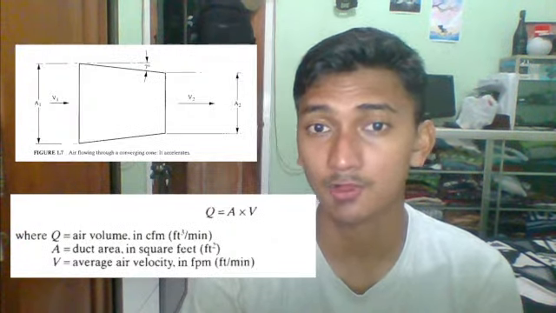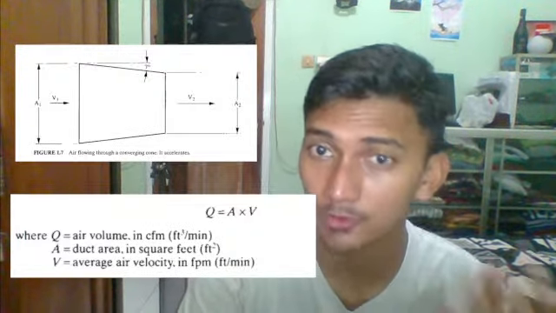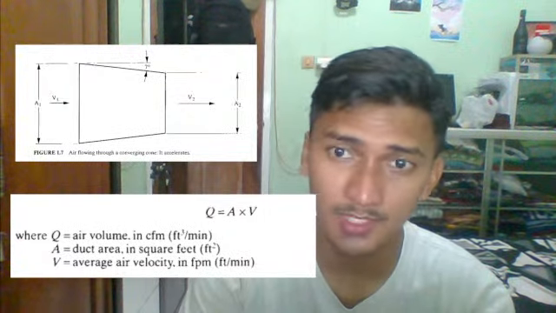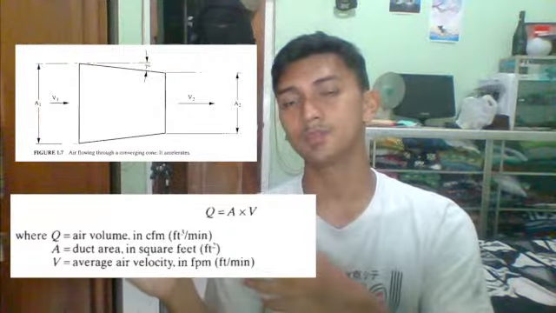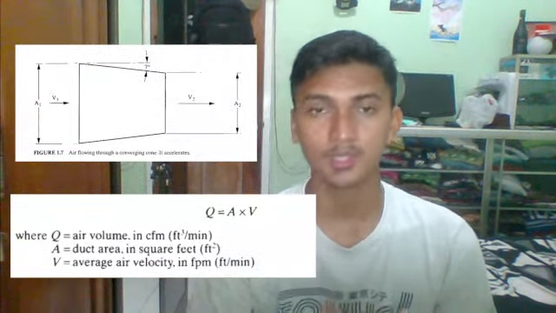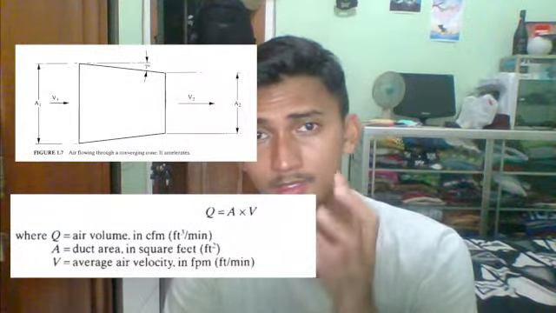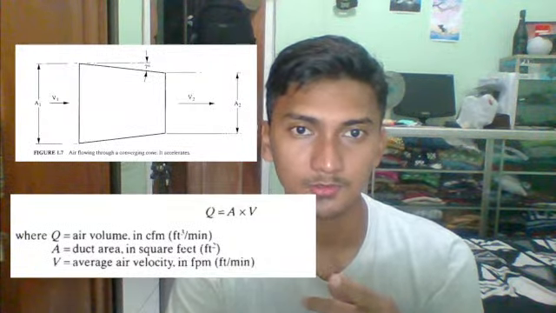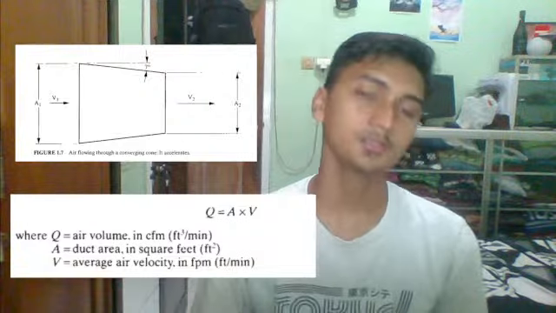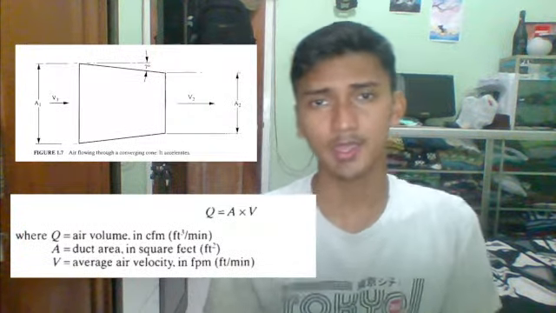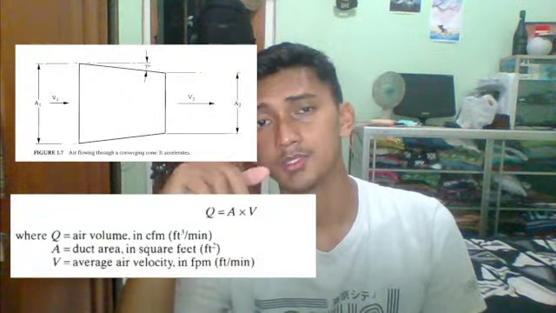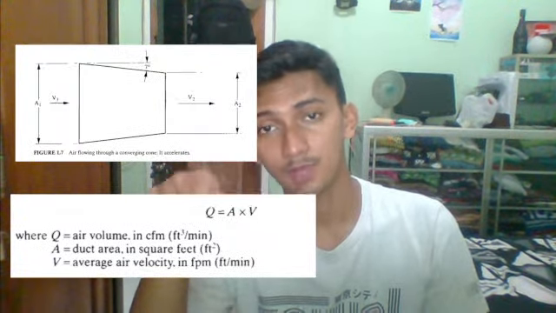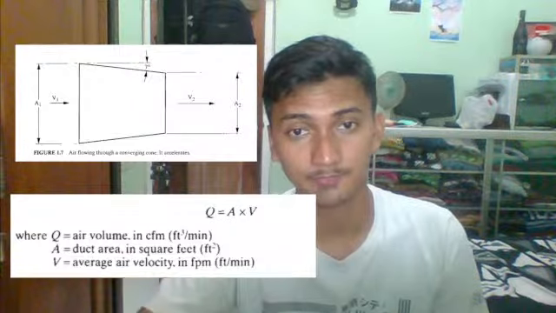As the airflow passes through the converging cone, the air volume in CFM will obviously remain the same ahead of and past the converging cone. This can be expressed as Q1 equals Q2. Substituting Q equals A times V, the equation becomes A1 times V1 equals A2 times V2.